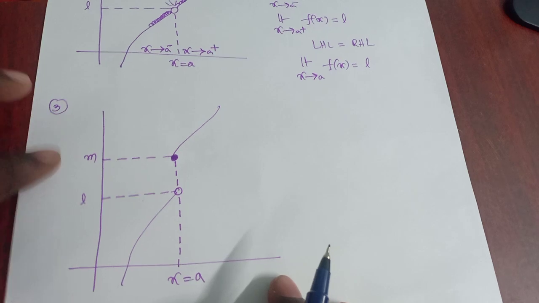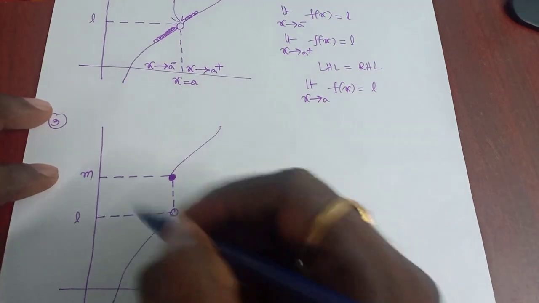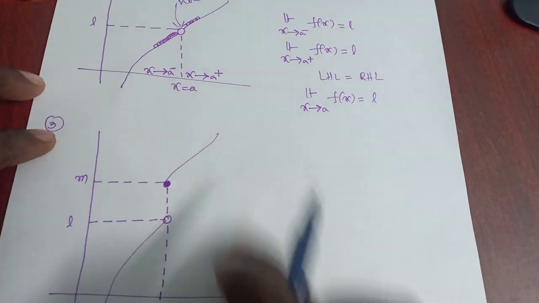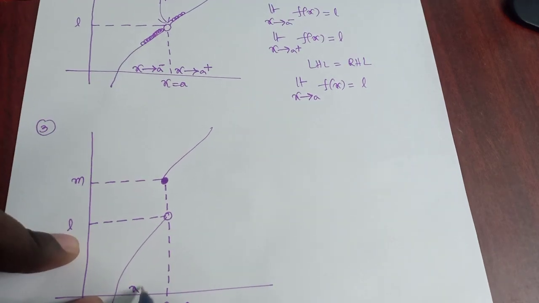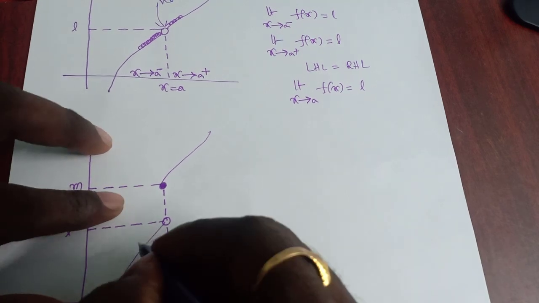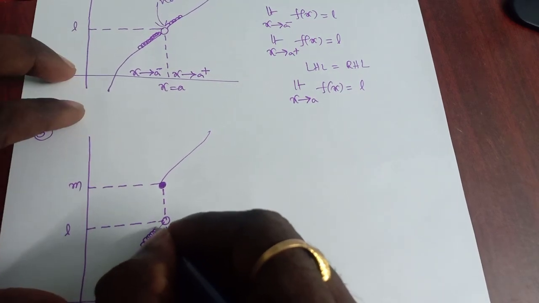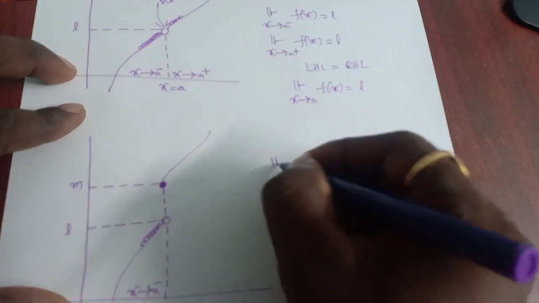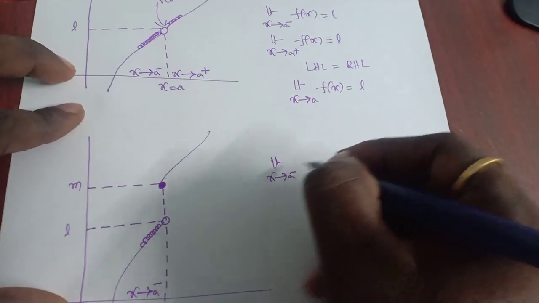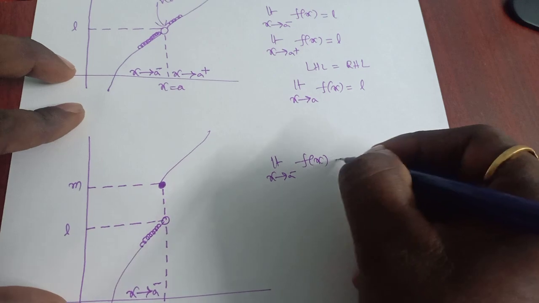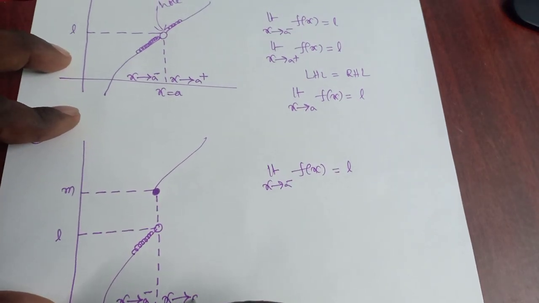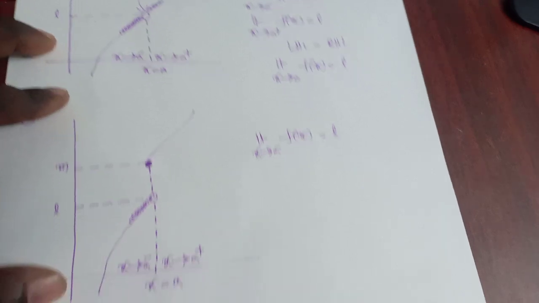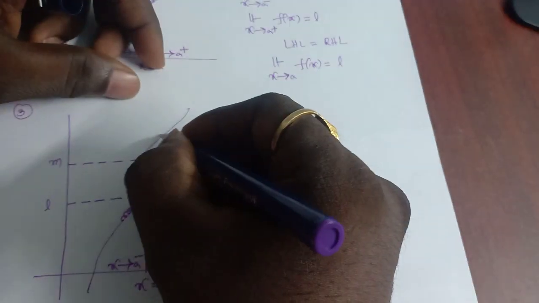Coming to the third case, here we have a break. The graph is broken. See the left limit. As x value approaches a from the left side, what happens? The functional value approaches L. That means limit x tends to a minus f of x is equal to L. Coming to the right limit, as x value approaches a from the right side, x tends to a plus, see what happens?